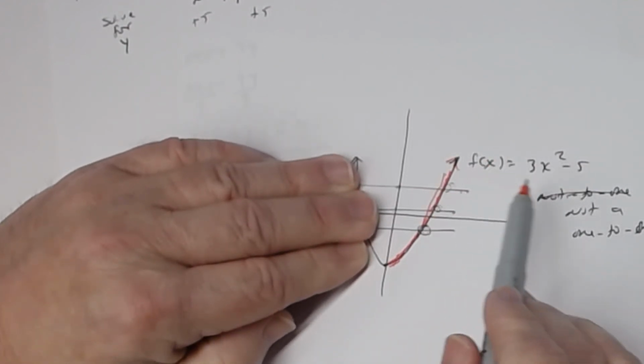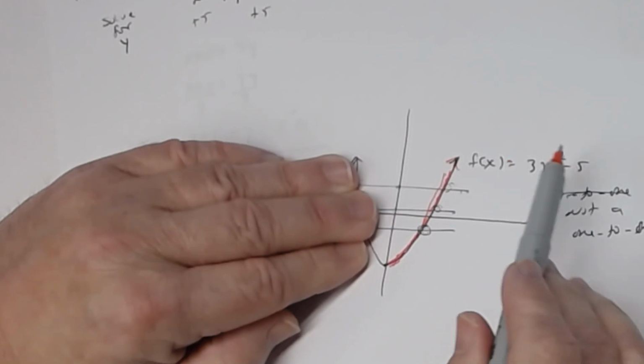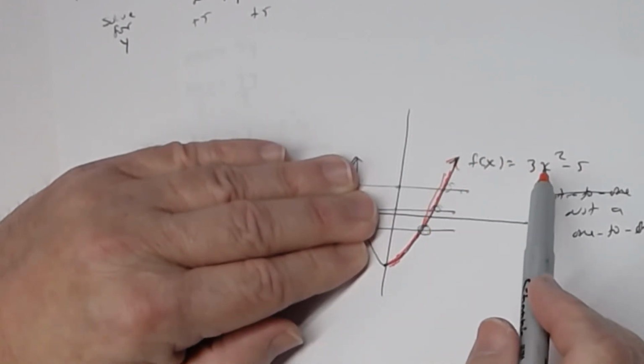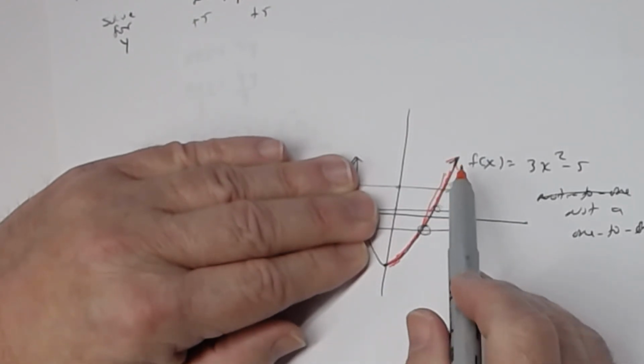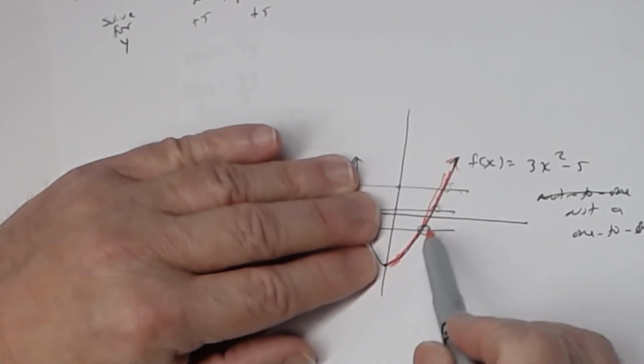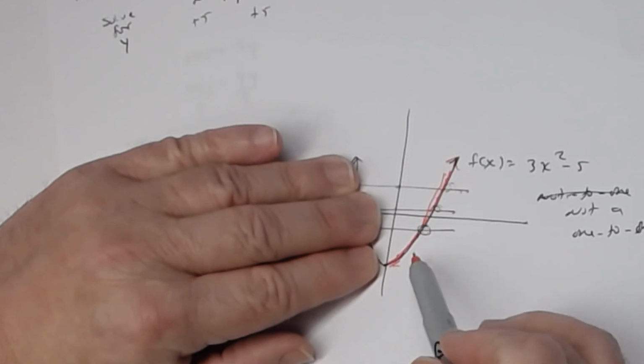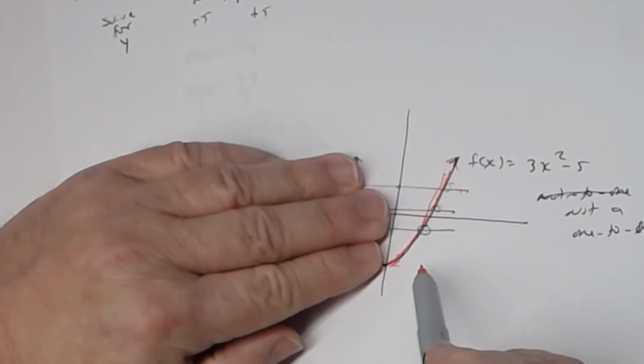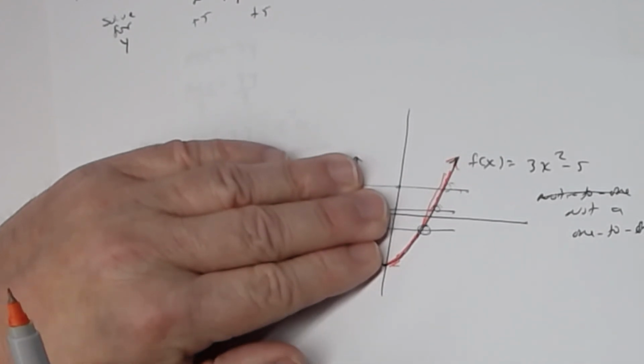So one of the things you learned was that quadratic functions are not one-to-one functions, but if you restrict part of the domain, don't look at the other part, then that restricted domain is going to be a one-to-one function.